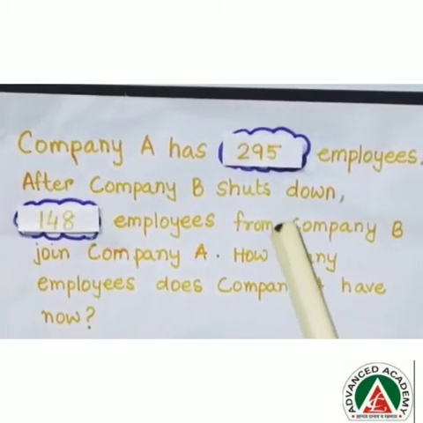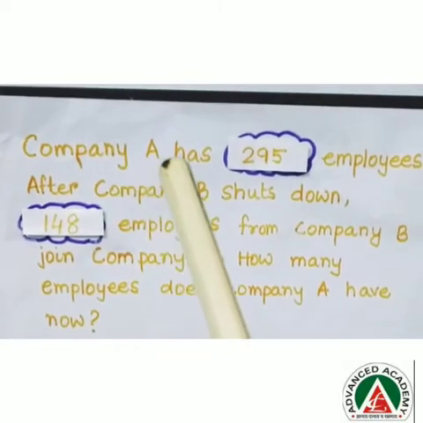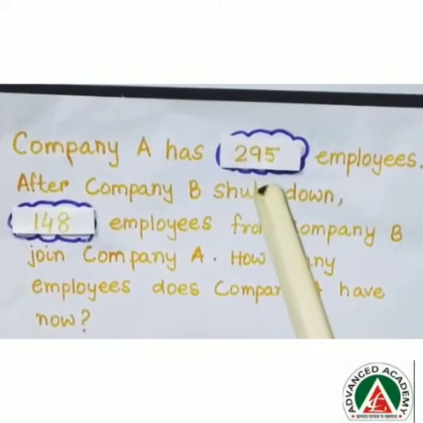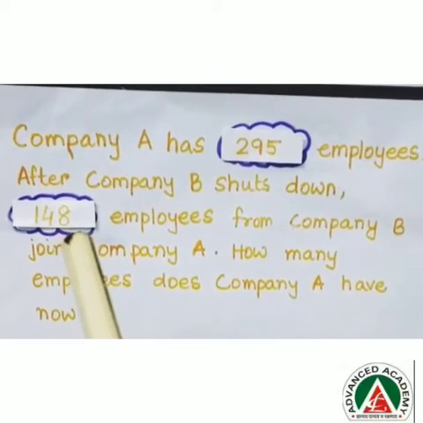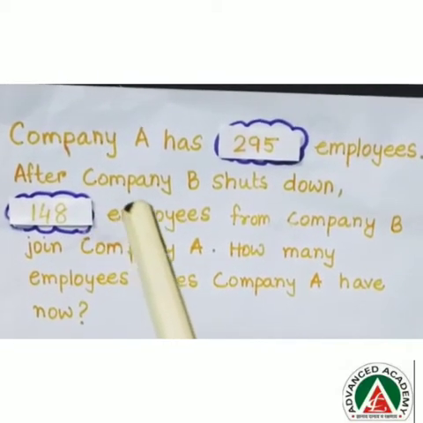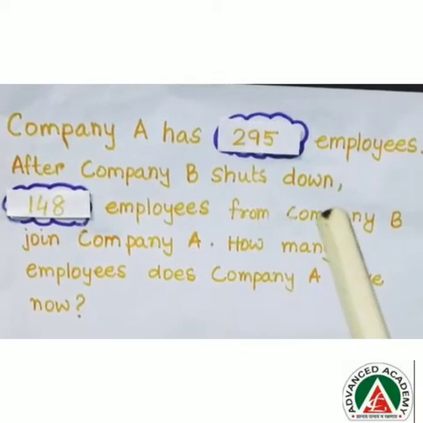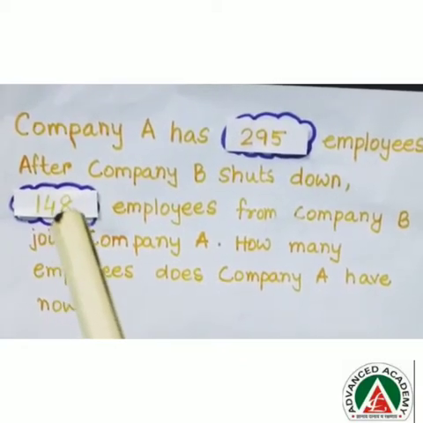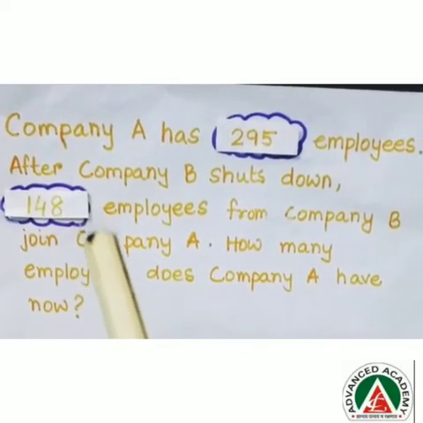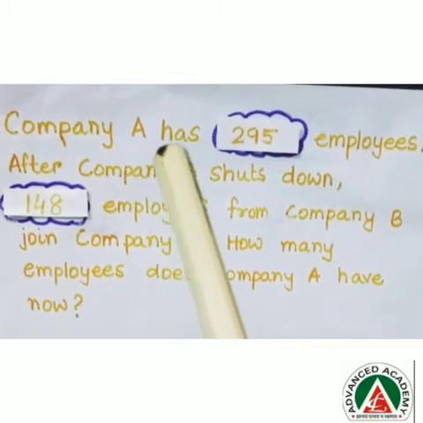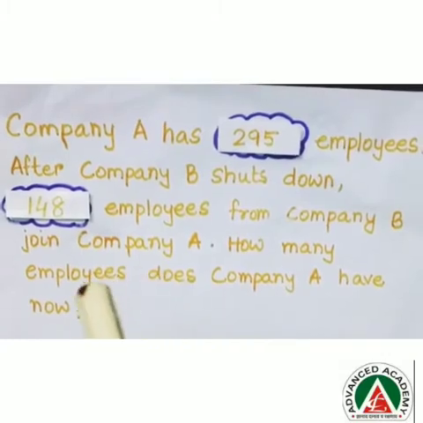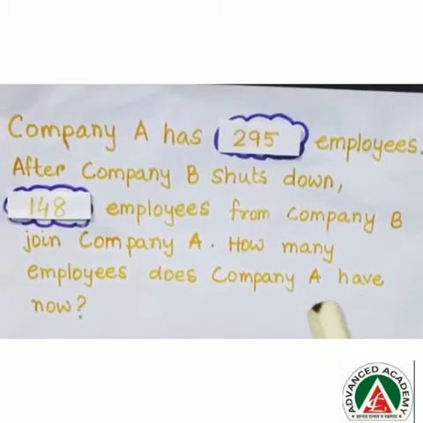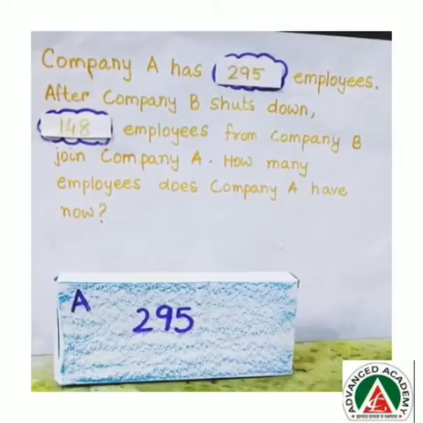The problem says that Company A had 295 employees and Company B has 148 employees. But when Company B shuts down, these employees went and joined Company A. So, altogether, how many employees does Company A have now?